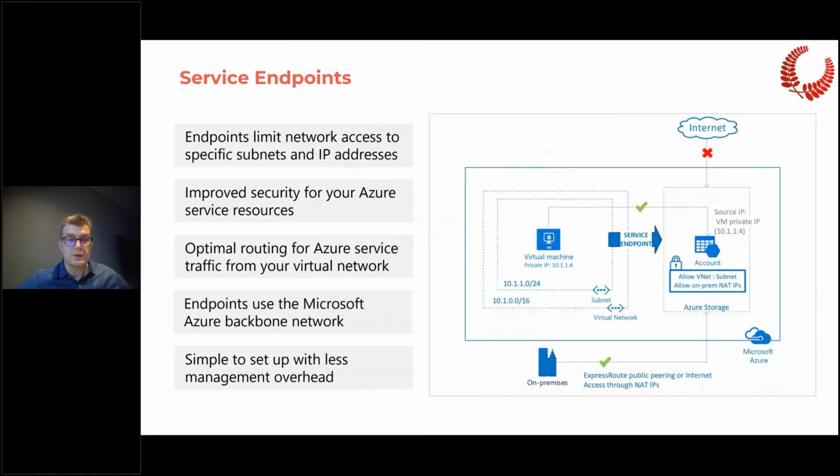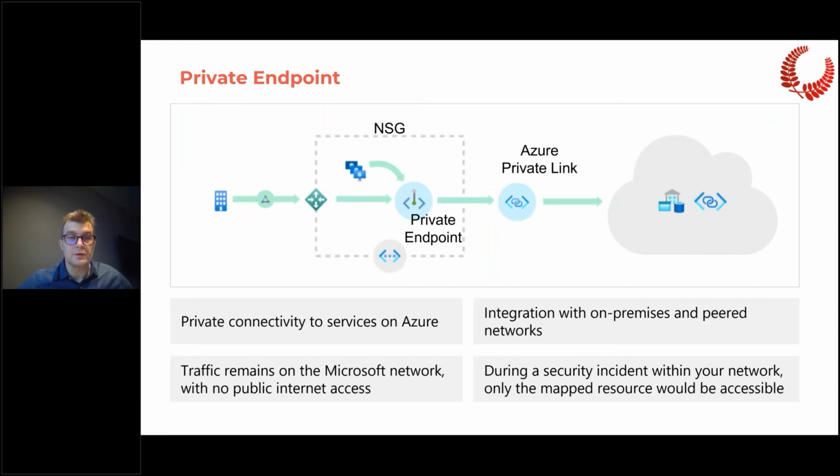And what else do we have? We also have the private endpoint too. The private endpoint, in fact, uses private connectivity to services in Azure. Instead of going over the internet and establishing public access, when we set a private endpoint, the traffic remains on the Microsoft network with no public internet access whatsoever.